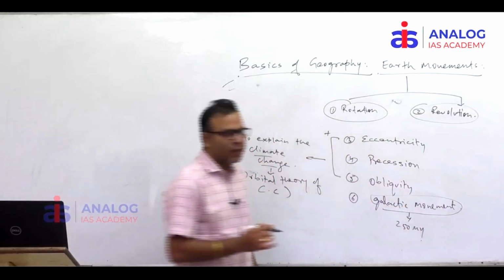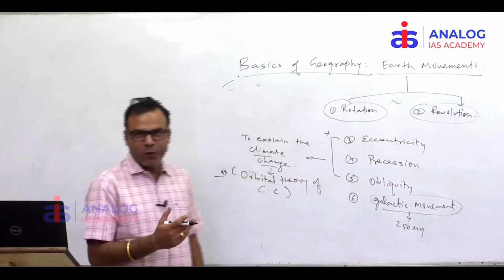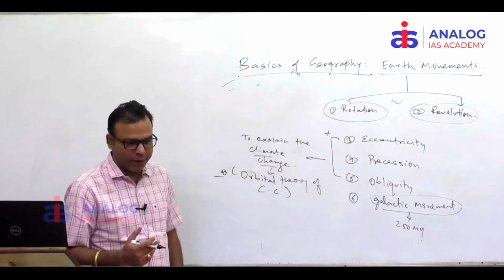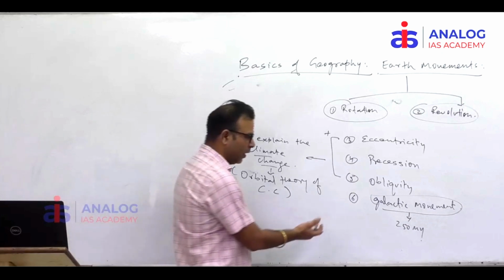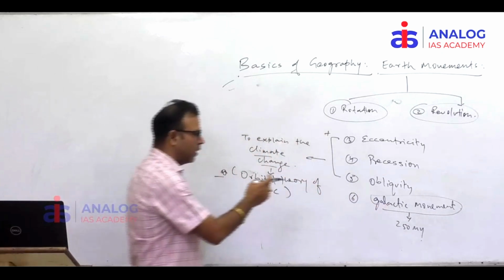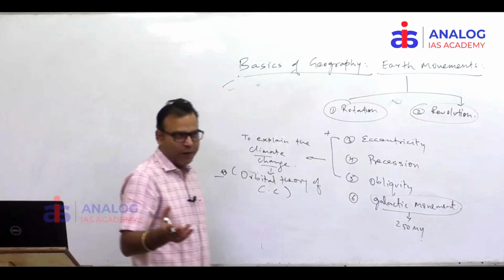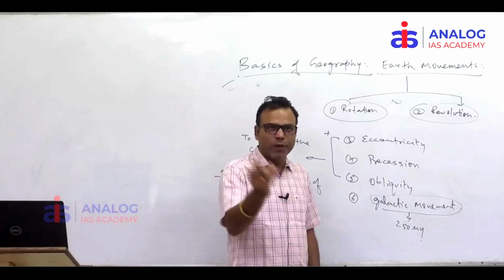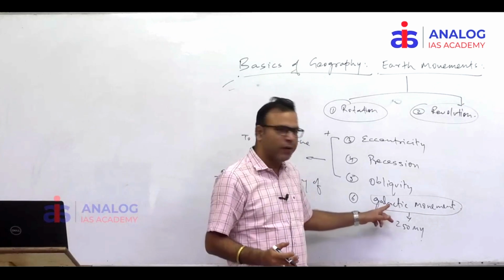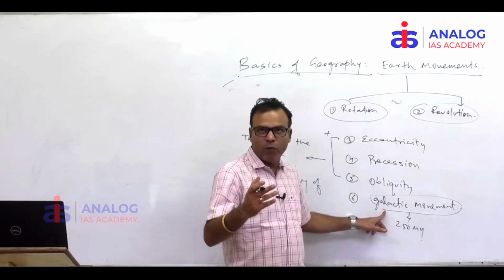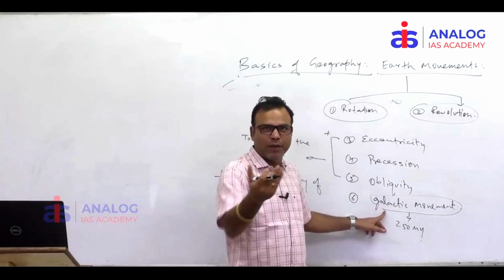Every movement has some period to come back to the same position relatively. The entire Earth is a part of which galaxy? Come on, the Milky Way galaxy. So the entire solar system is revolving around the center of the Milky Way galaxy. How much time will it take to come back to the same position?